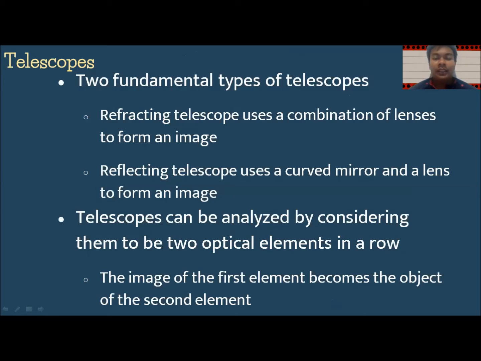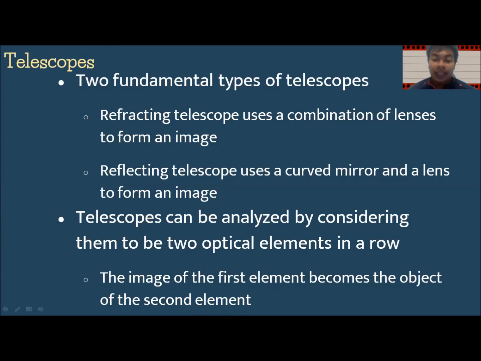Next, we talk about the telescope. First are the two fundamental types of telescope. The refracting telescope uses combinations of lenses to form an image. And the second one is the reflecting telescope, which uses a curved mirror and a lens to form an image.